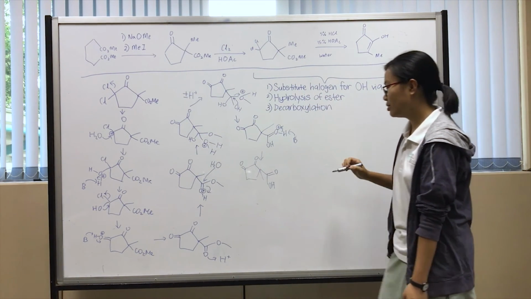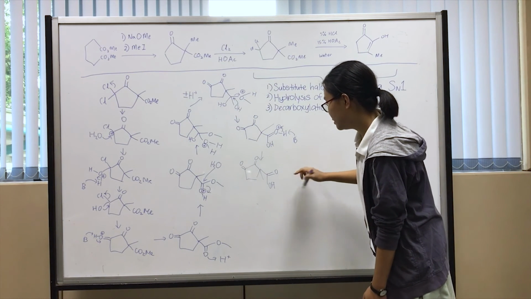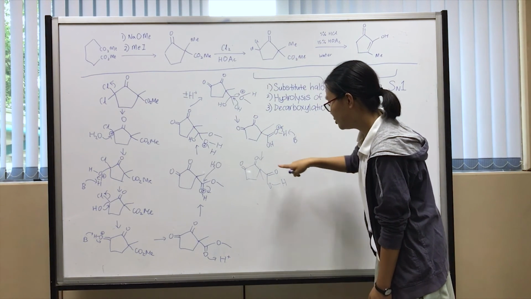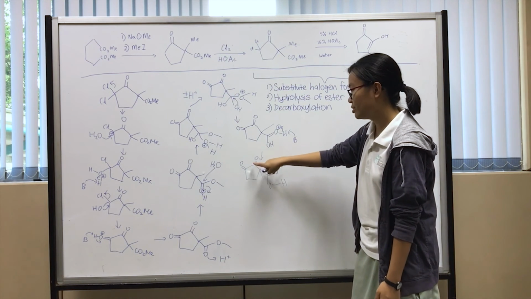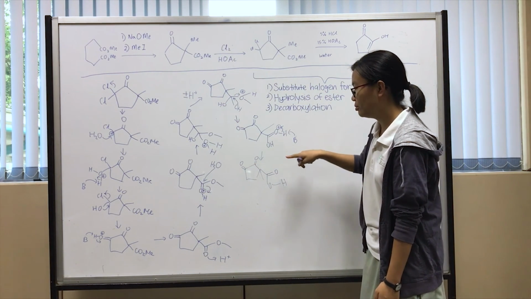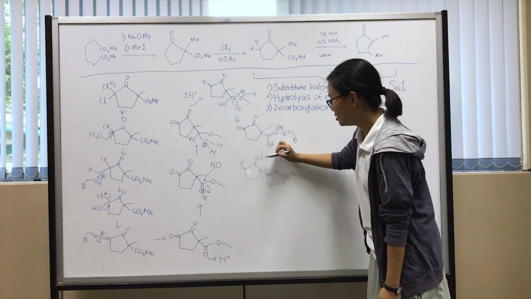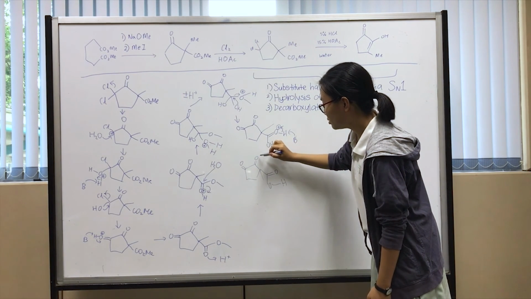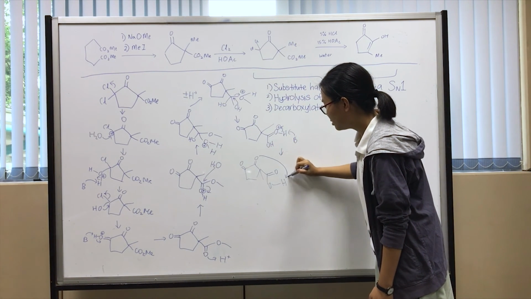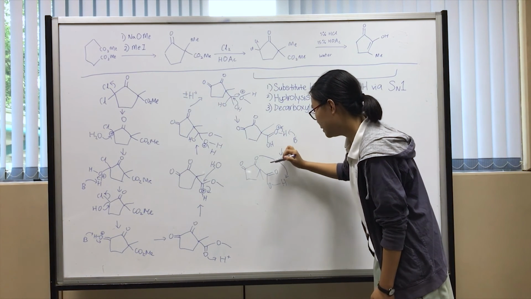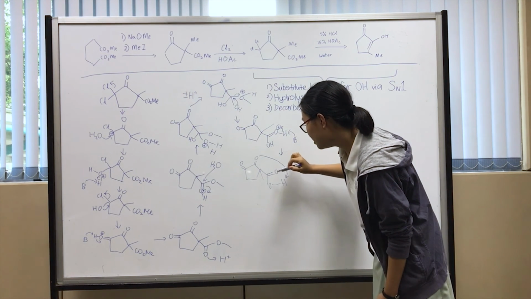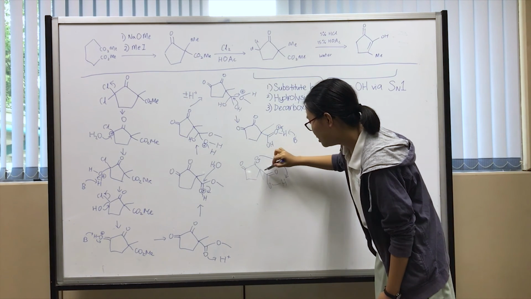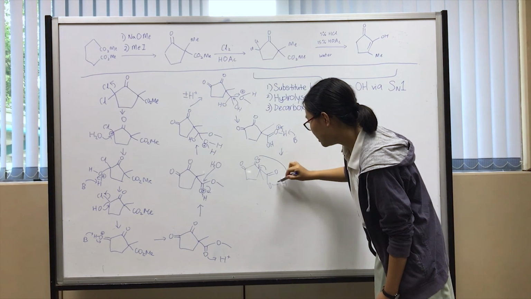The last step is decarboxylation. In this step, because you have a ketone that is 2 carbons away from the carboxylic acid group, decarboxylation can take place. So basically, the oxygen will attack. You get the H, and then these electrons will move up, and then electrons will move here and here.